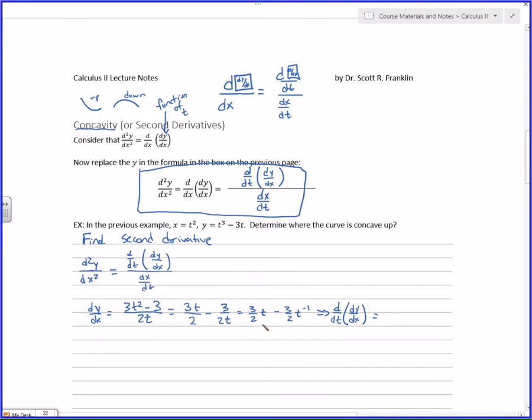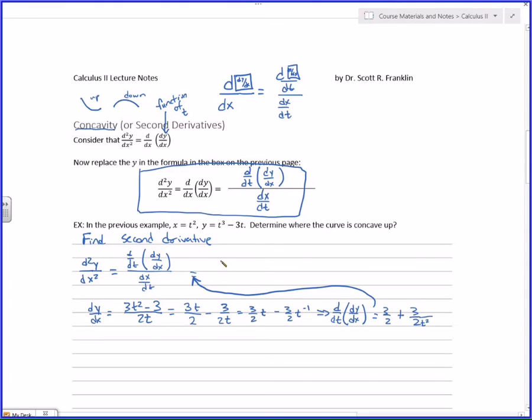Derivative of 3 halves t is 3 halves. The derivative of minus 3 halves t to the minus 1, the minus comes out front and makes that plus 3 halves t to the minus 2, which I'm just going to put the t to the minus 2 on bottom, this t squared in the denominator. So take all that, plug it in here.